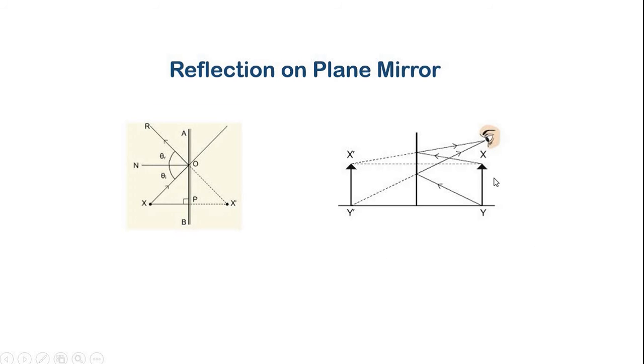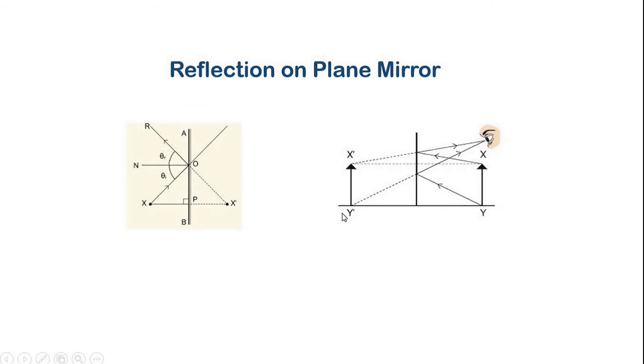In the second figure, how an image is formed for an extended object has been shown. Light coming from points X and Y reflects from the mirror and forms virtual images at points X prime and Y prime, respectively. That is, light appears to be coming from X prime, Y prime.